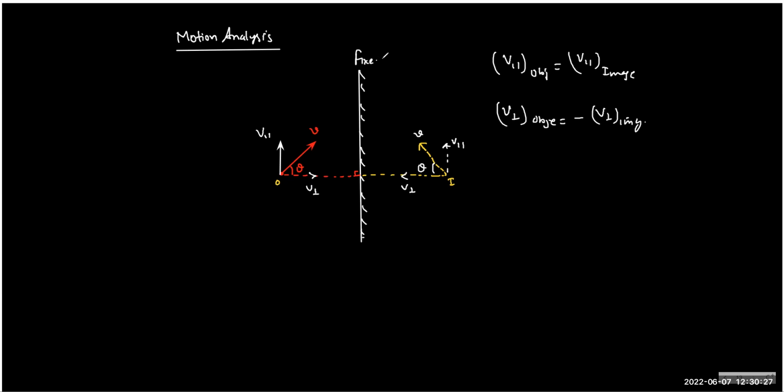It's called the fixed mirror. Also, what happens if we have a moving mirror? What we'll consider is the object is moving in this direction, along the perpendicular.